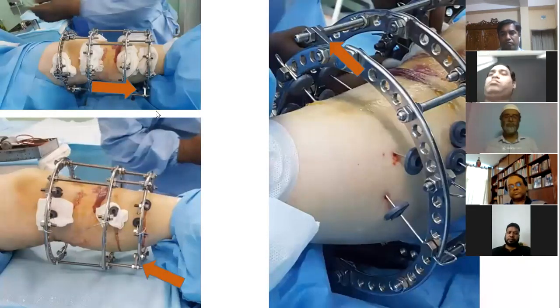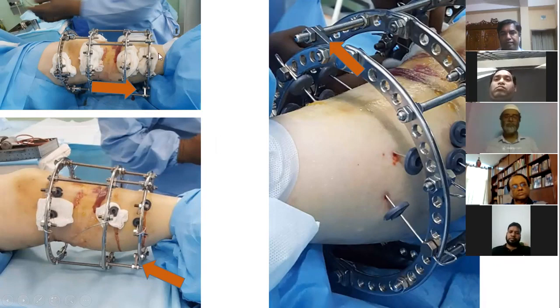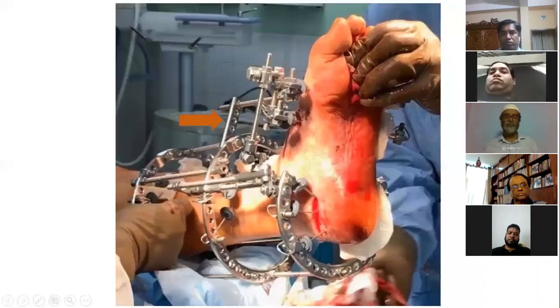Here are some uses of straight plates. You can see the oblong plates used, and here a smaller ring is connected with the larger ring, adjusted with this short straight plate, connected with the connecting rod, the threaded rod. You can see it clearly here, and also here. It is nicely constructed, a frame for correction of deformity of the ankle and foot.